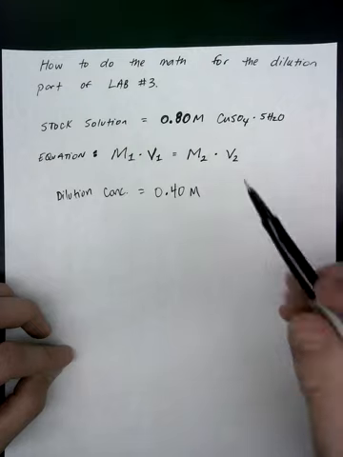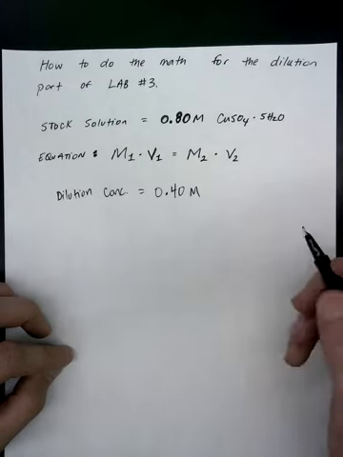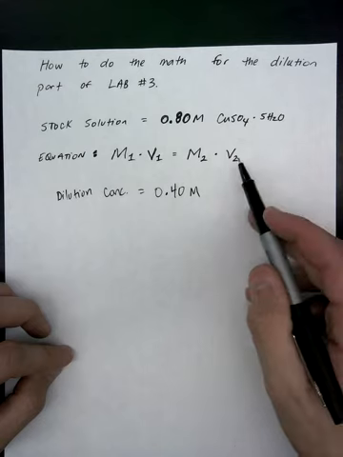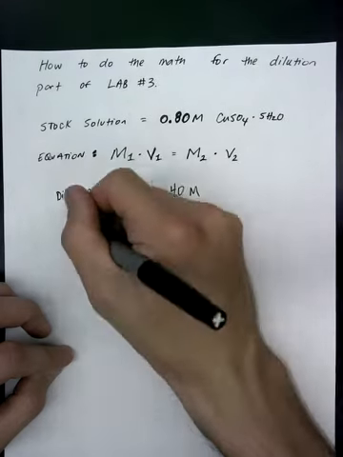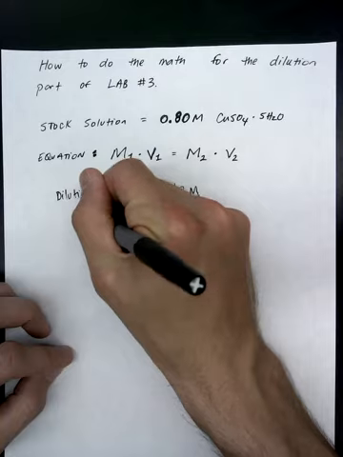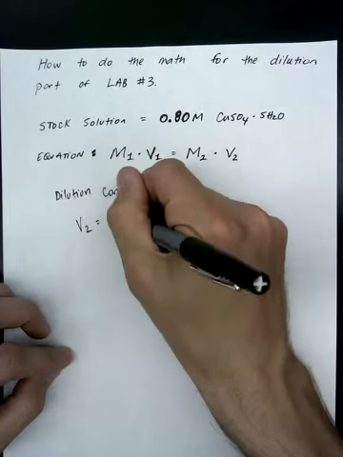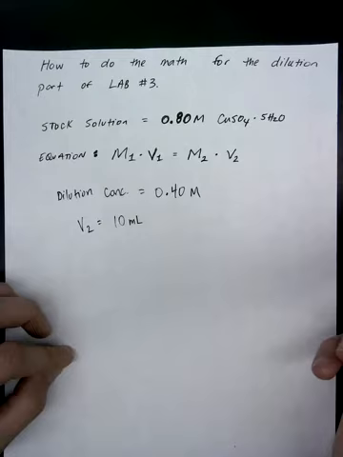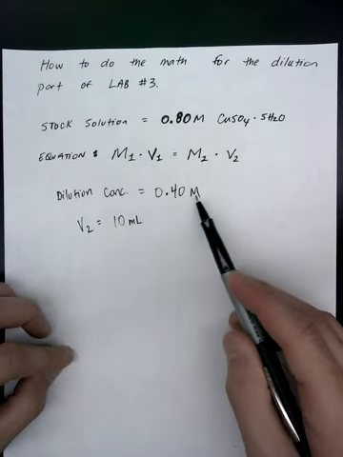thereby lower the concentration. The real helpful part of this is you need to know what your final volume is going to be, or your V2, before you can do this math. So we're going to say that our final volume is going to be a 10 milliliter sample at 0.40 molar.